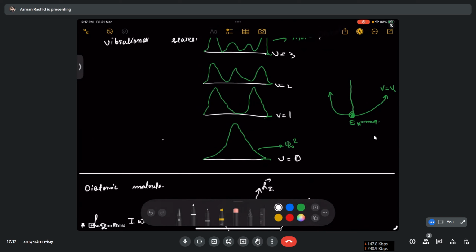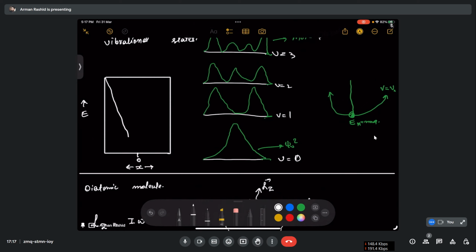For a simple pendulum we plot the energy against x, with plus x, minus x, and 0.